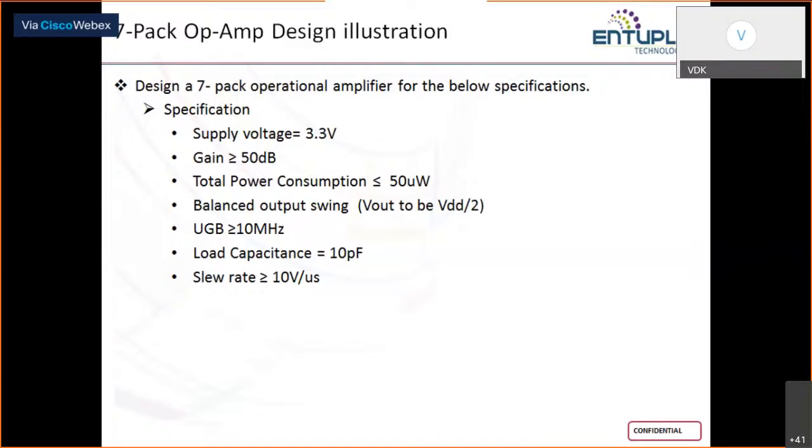Unity crossover frequency equal to or greater than 10 megahertz for a load capacitance of 10 picofarads and a slew rate greater than 10 volts per microsecond. So these specifications are reasonably good and practical op-amp specifications. We have not listed other specifications such as the noise figure, the settling time, lots of other things are there. We have kept it relatively simple right now to illustrate the design flow.